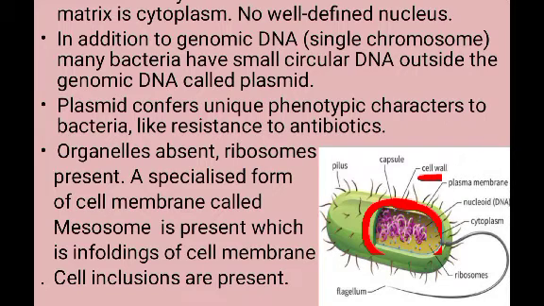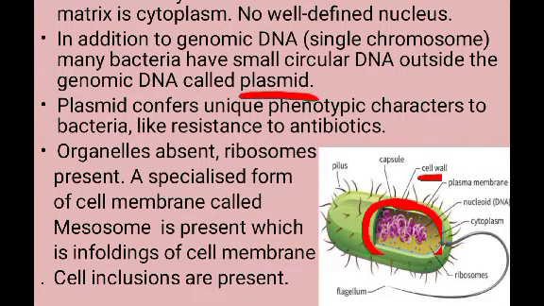In addition to that, the bacteria also have a small circular DNA outside the genomic DNA, and that is called the plasmid. This plasmid will be conferring certain unique phenotypic characters to such bacteria which have the plasmid in them. So what phenotypic characters can be conferred by this plasmid?